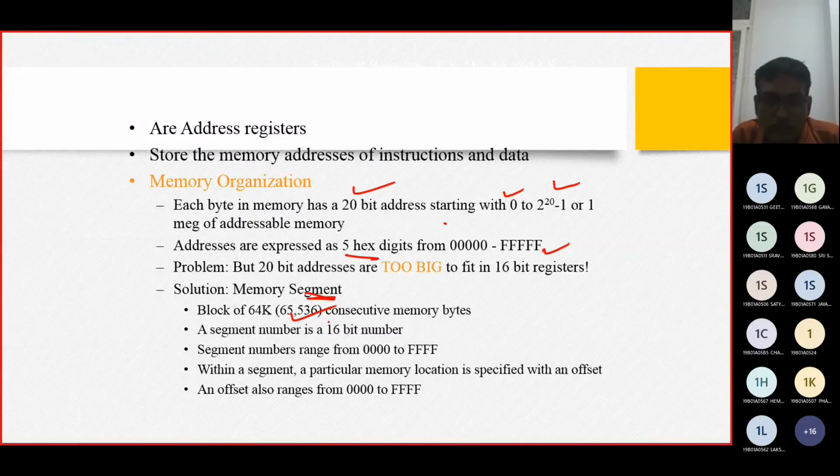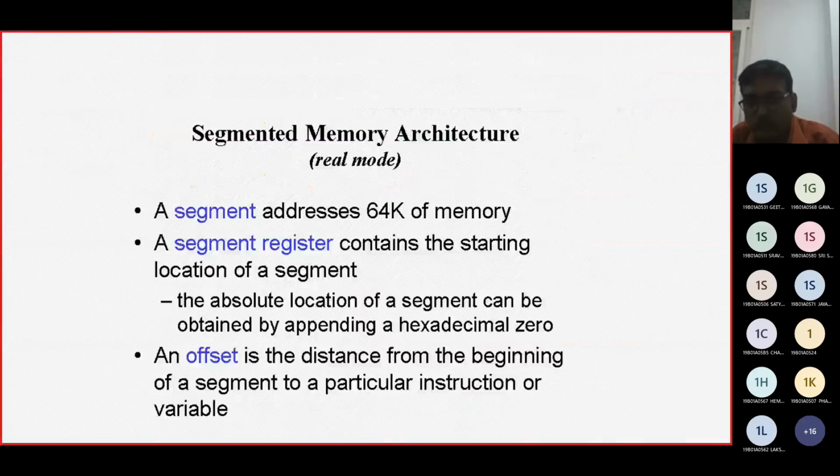Then we have a segment base register, which we assume to be 16-bit. Then we have an offset, which is going to be between 0000 and FFFF.